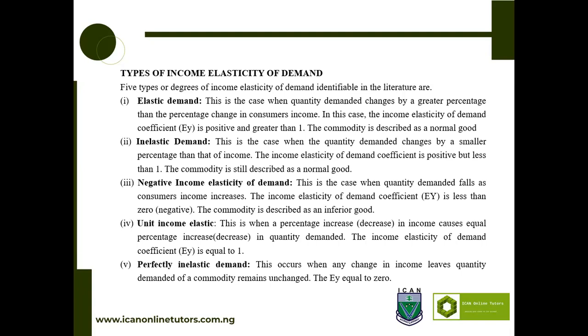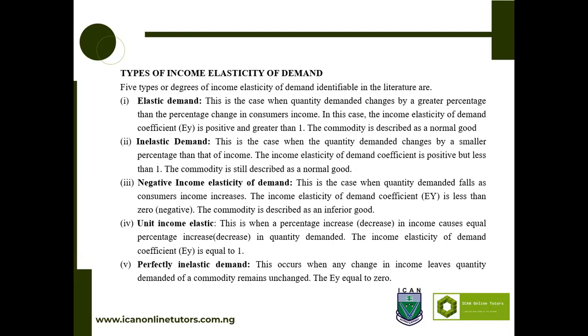We have unit income elastic. This is when percentage increase or decrease in income causes equal percentage increase or decrease in quantity demanded. That is, individual consumers make requests on quantity demanded based on their income.